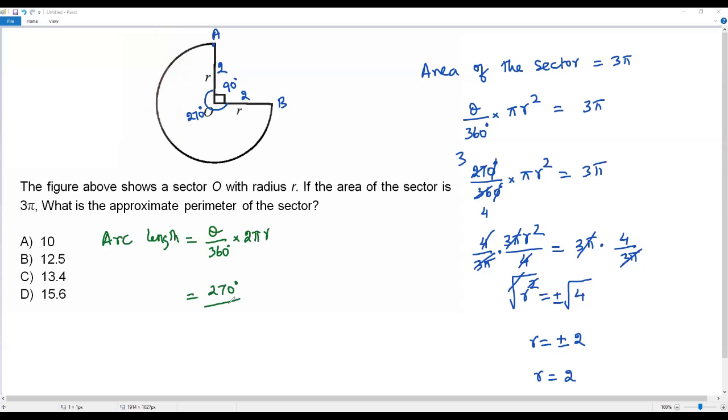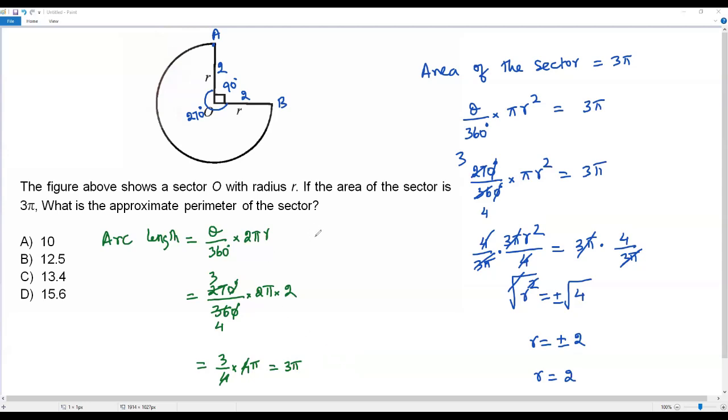Let me plug in 270 for theta divided by 360 degrees, then 2 times pi times the radius, 2, which we just got. The 0 will cancel, and 9 goes into 27 3 times, 9 goes into 36 4 times. So I'm getting 3 over 4 times, and when I multiply 2 and 2, I get 4 pi. Now this 4 and 4 can be cancelled. I'm getting 3 pi. So the arc length is 3 pi.